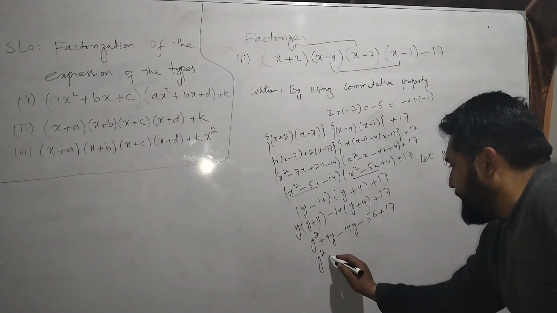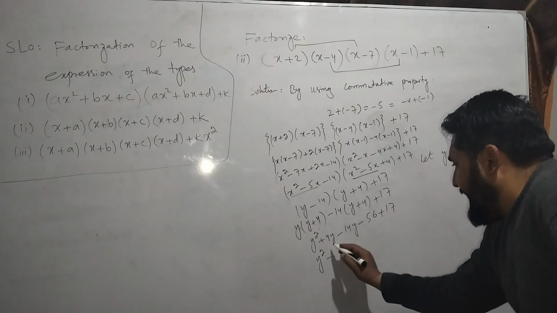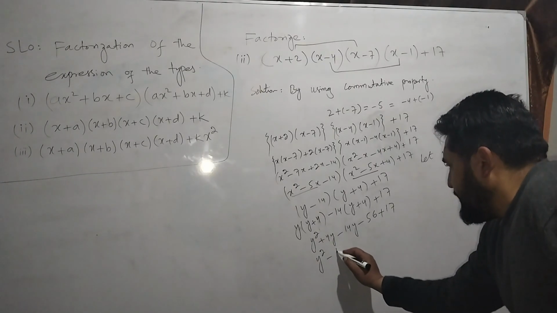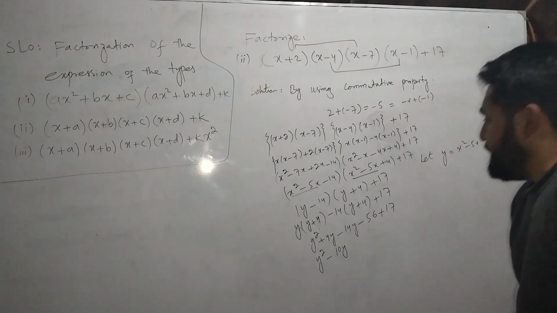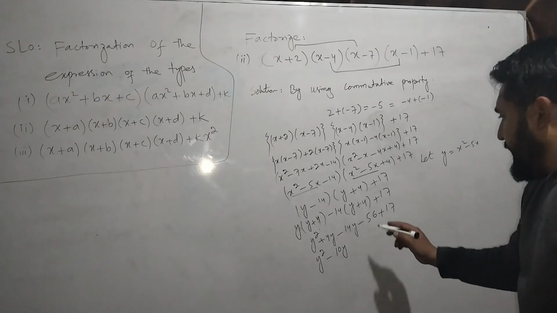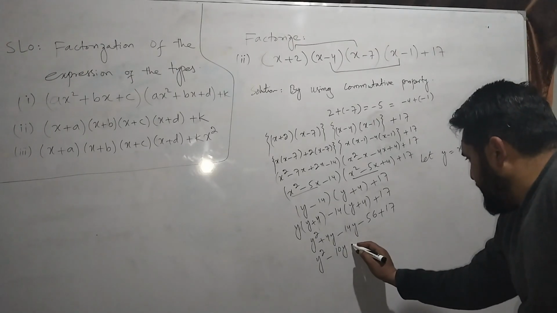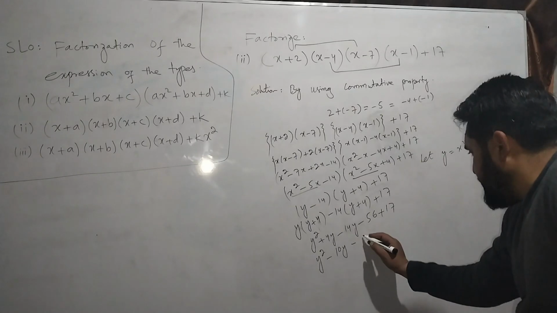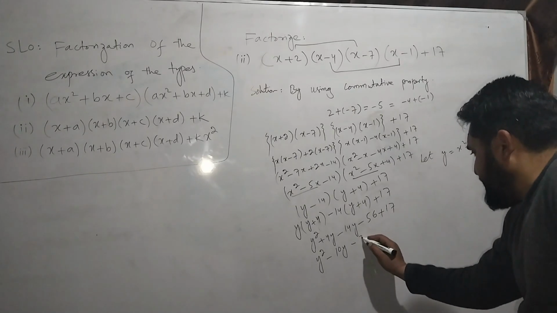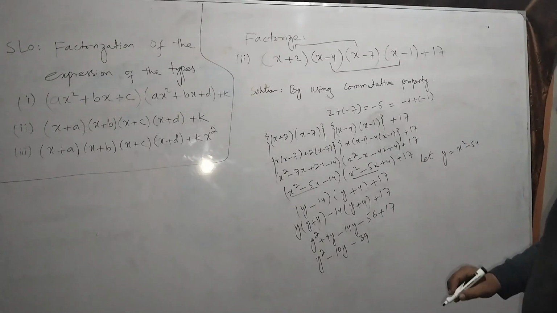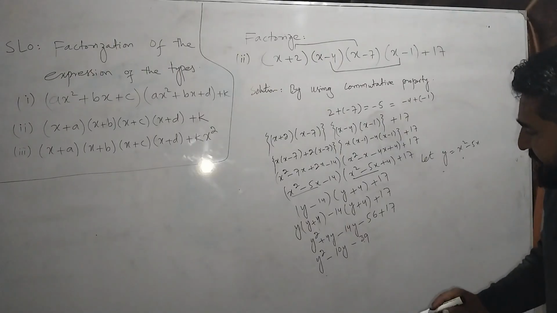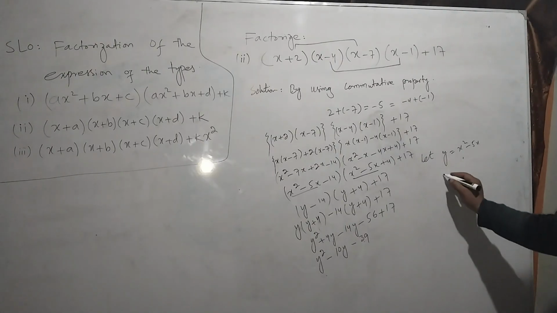y square minus 10y and minus 39. Now we use the middle term break, the same rule.